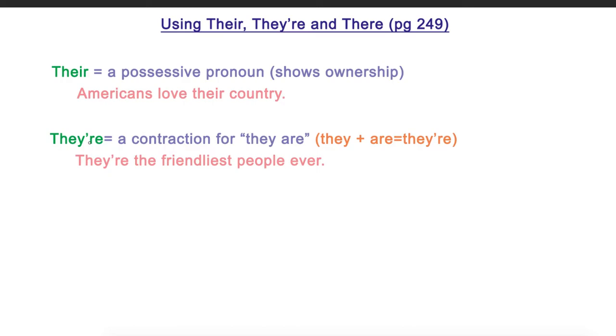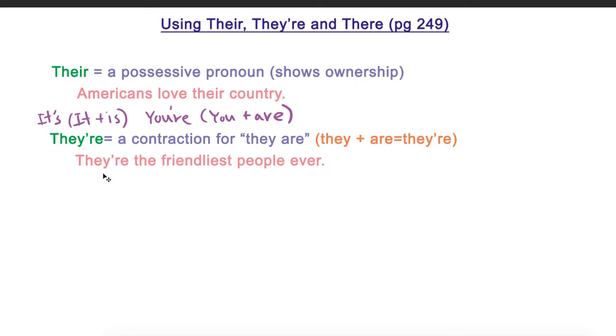All right, let's look at our next word. They apostrophe re. This there is a contraction for they are. If I put the words they and are together, I would get they're. Same thing as it's, right? It's is it plus is, and you're is you plus are put together.